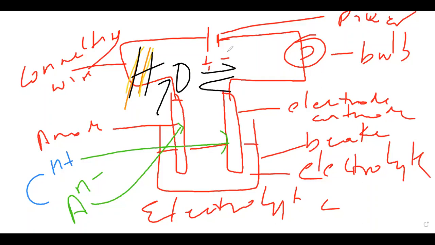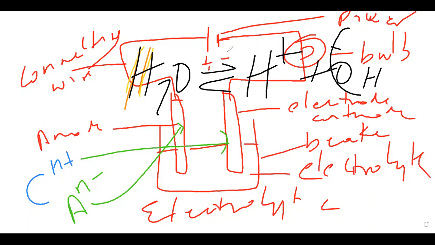Water exists as H plus ions and OH minus ions. This is the anion, this is the cation. Now the anion would go to the anode, the cation would go to the cathode, and we're looking at the anode right now. If the solution is concentrated, then the anion of the electrolyte will discharge.